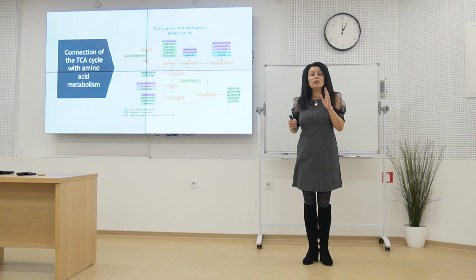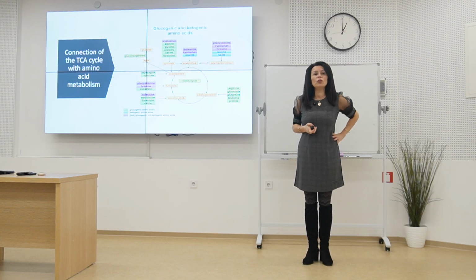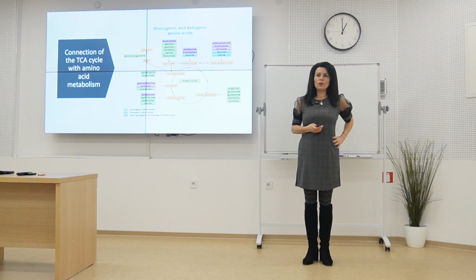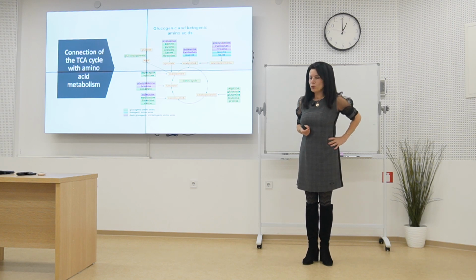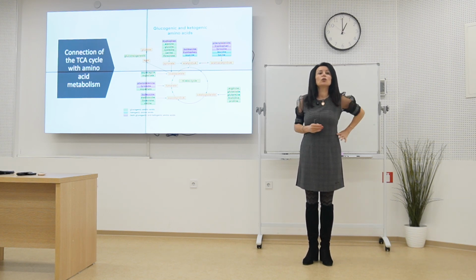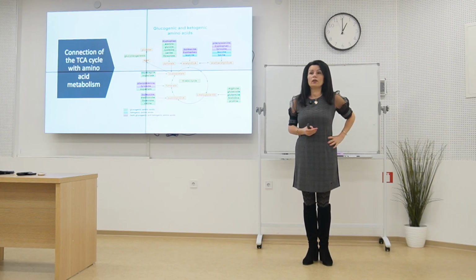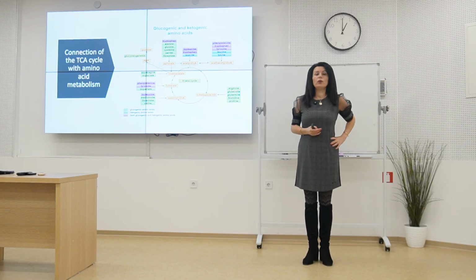We don't need something from each amino acid. What is this, student? Do you know? What is there in the structure of amino acid that we don't need during the gluconeogenesis process? If you look at the structures, you will understand that these are the amino groups.